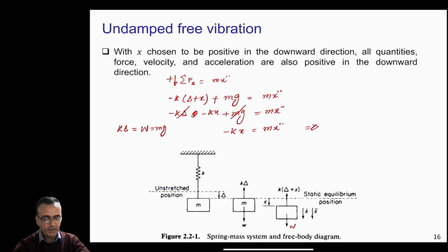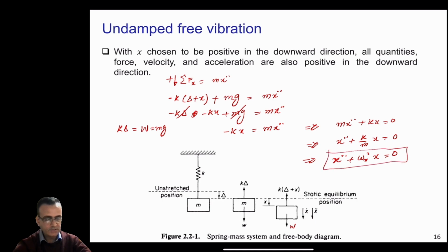You can simplify this equation, which becomes mx double dot plus kx equals 0, or x double dot plus k divided by m times x equals 0, or x double dot plus omega n square x equals 0.